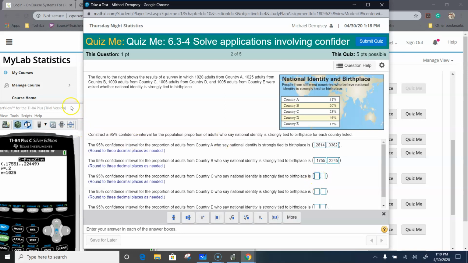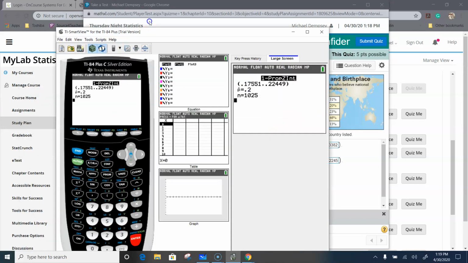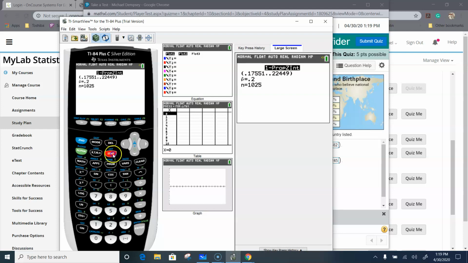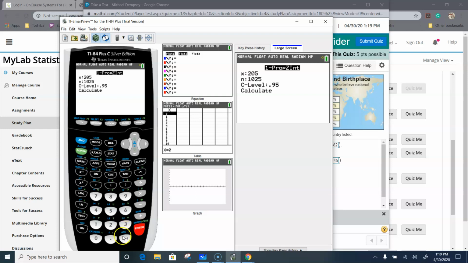Okay. Country C, 23% of 1,009. So 0.23 times 1,009 out of 1,009, and we'll have to go back and correct that.